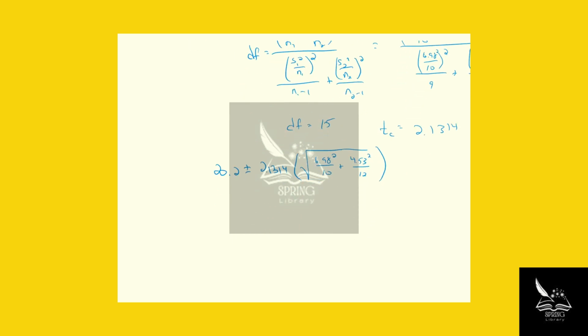The lower boundary would be found by subtracting 20.2 minus 2.1314 times the square root of 6.98 squared over 10 plus 4.53 squared over 12. And they get 1473 to the upper boundary from adding 2567.